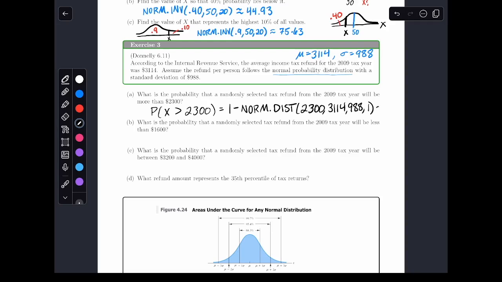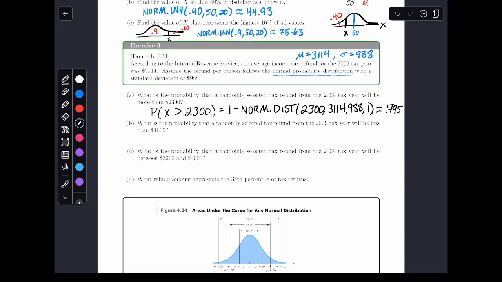And this would give us the probability, which would be about 0.795. And so this might help the IRS make decisions to see if someone had a really big tax refund, to maybe better understand the probability that that happened. Maybe they could use this to make decisions about who they audit or things like that.